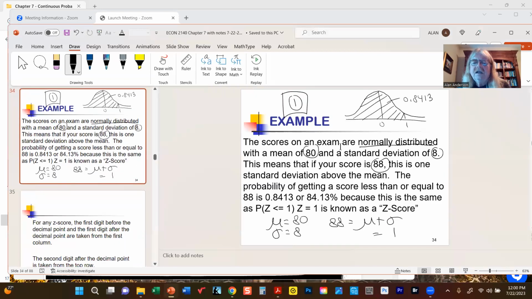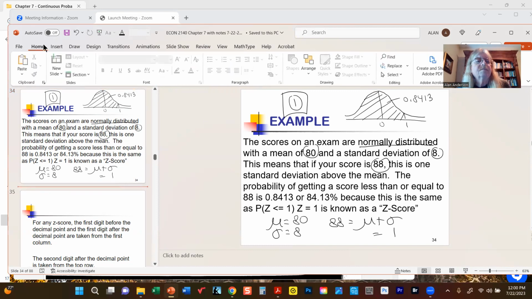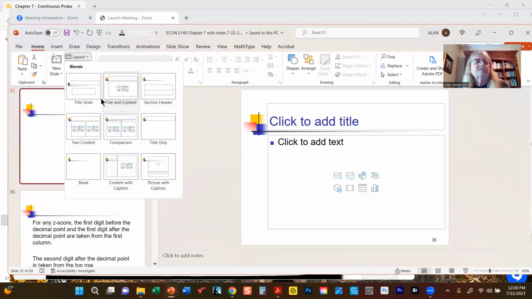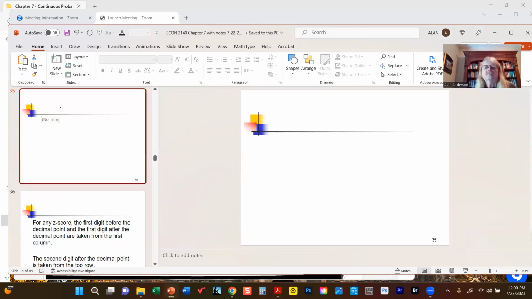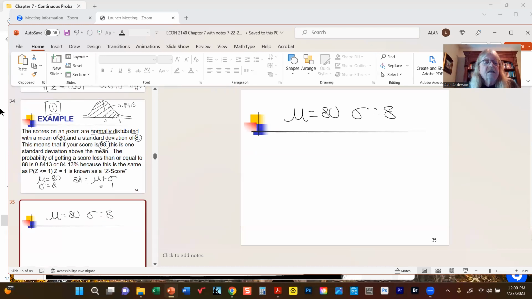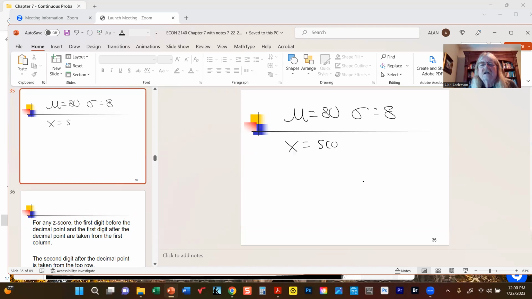Okay. Now here's an interesting one. Suppose that the scores on an exam are normally distributed. The mean is 80 and the standard deviation is 8. So what that means then is that the probability, now let's let X be your score on the exam, of that being less than or equal to 88.